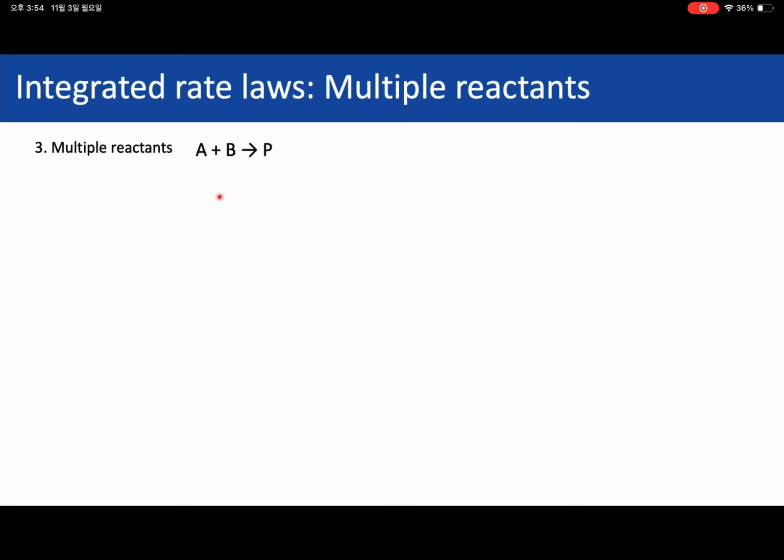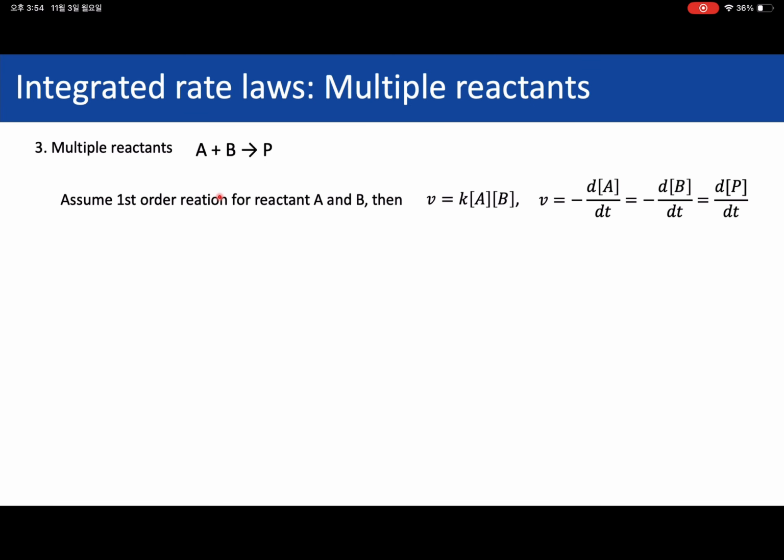Let's consider the reaction where A and B react, producing a product P. Here we are assuming a first order reaction for reactants A and B, which is alpha and beta becomes 1, so we can write the rate law in this form, which is v equals k multiplied by concentration of A and B.